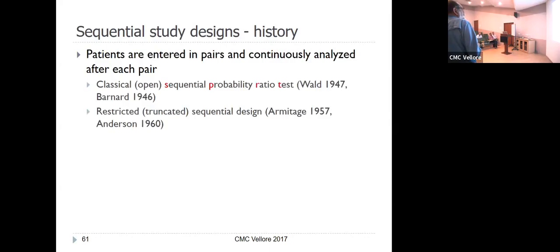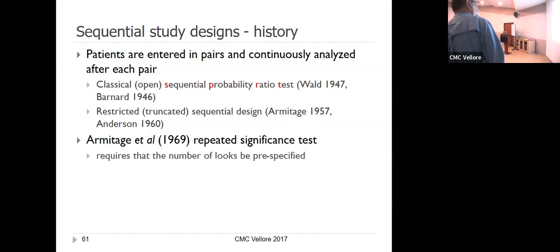And there were different tests proposed. Again, you see the late 1950s. Peter Armitage in the UK and Anderson in the United States came up with this. Wald is a famous statistician that was very influential in World War II. He had originally considered what's called a sequential probability ratio test, but that was not used for humans.